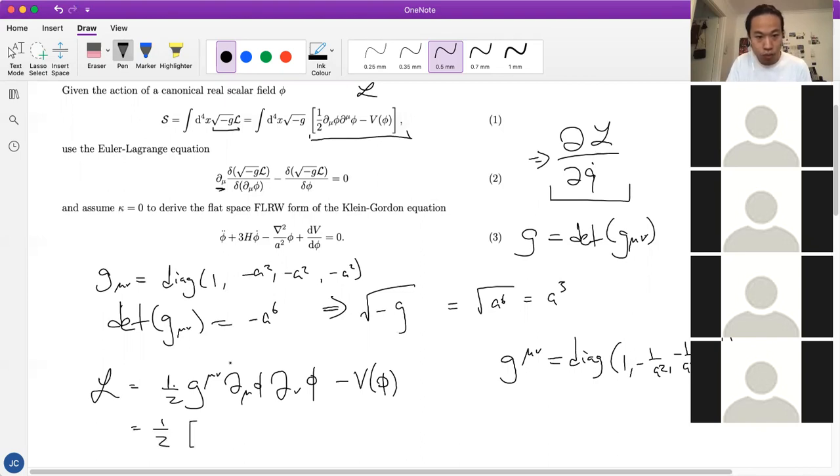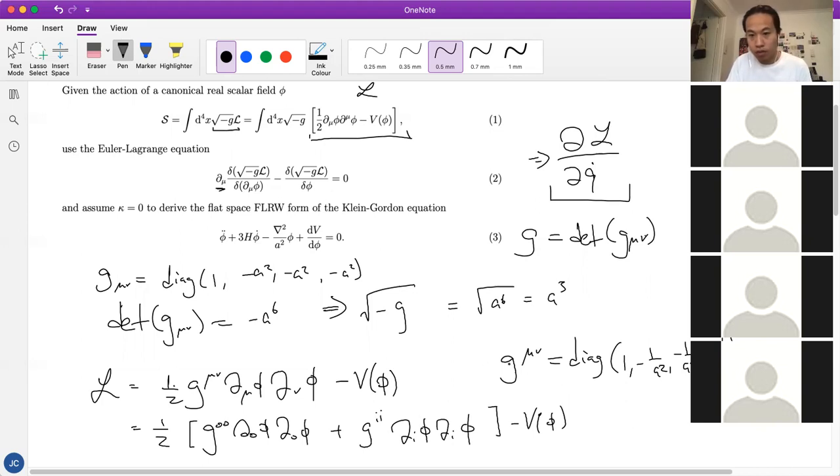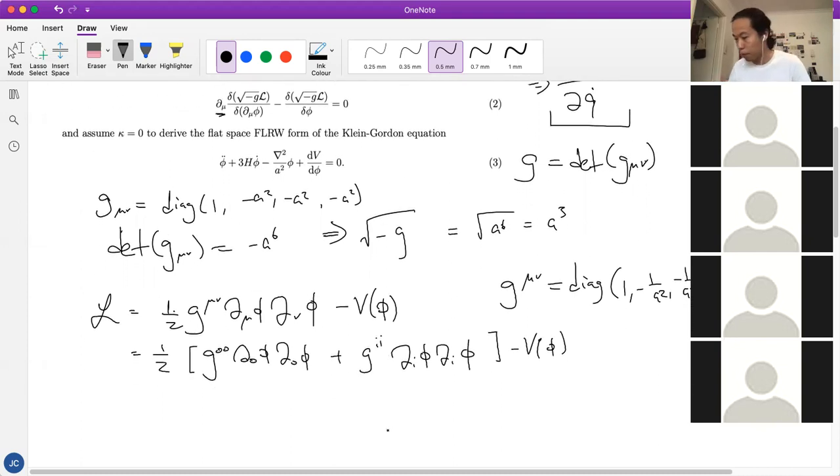So rather than g mu nu summed with these 2 derivatives, you get g00 summed with d0 phi, d0 phi, and then plus gii, the spatial parts, summed with di phi, di phi, minus V of phi. You don't get any ij or 0i or any off-diagonal terms because your metric is diagonal. So you only end up with the diagonal components. And that was a lot clearer.